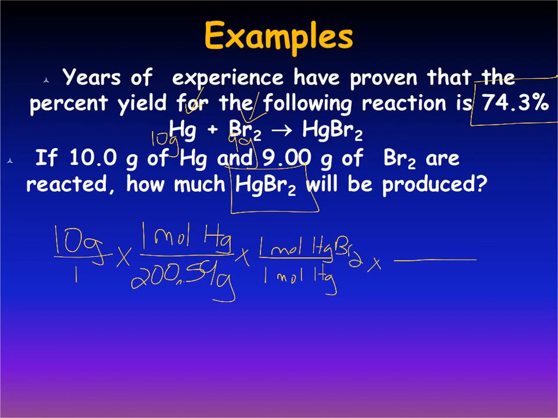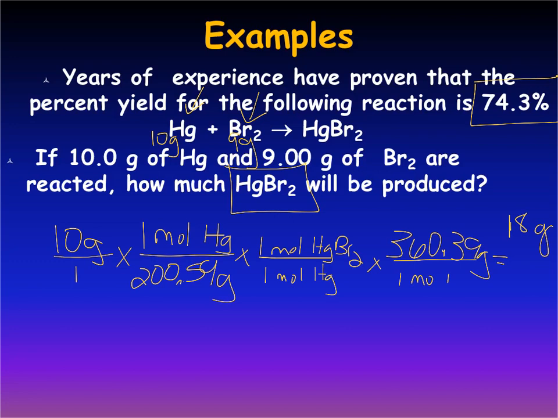And then last but not least, we need to take it back to grams, so we need the molar mass of HgBr2, and I got 360.39 grams. Now we're going to perform math, get that answer, and for this one, I've got 18 grams.